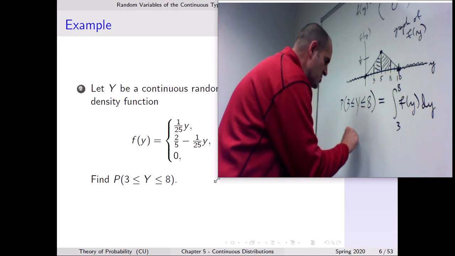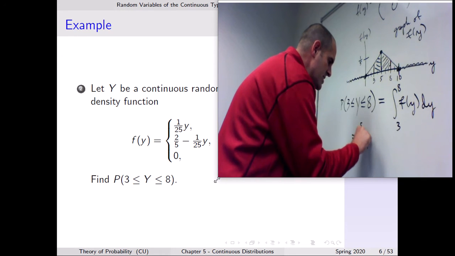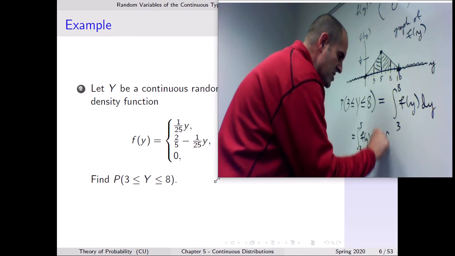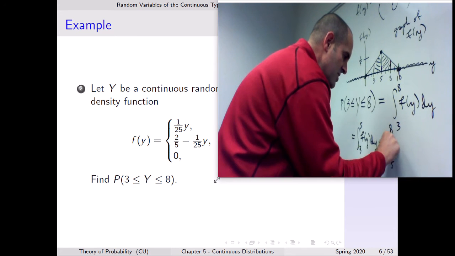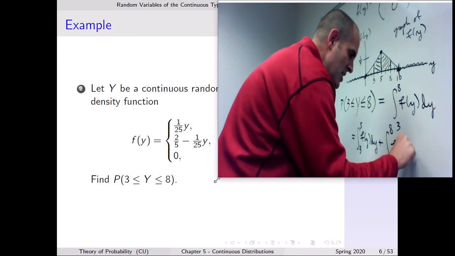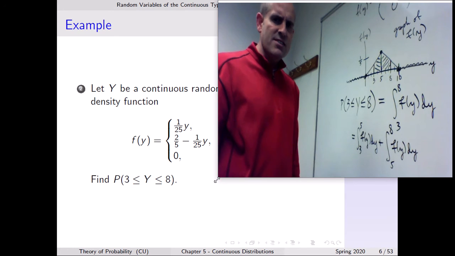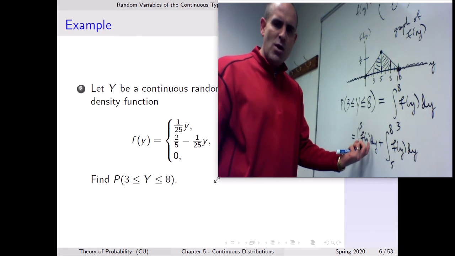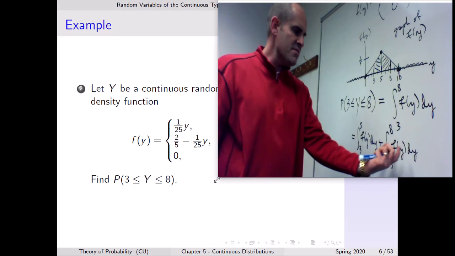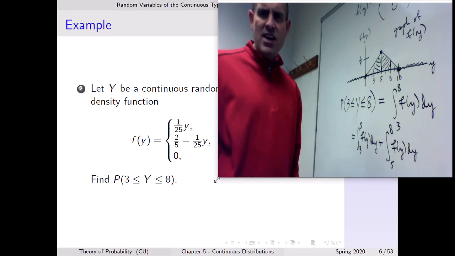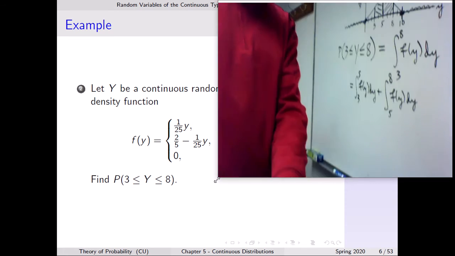This is equal to the integral from 3 to 5 of f of y dy plus the integral from 5 to 8 of f of y dy. And we actually know what the definition of f of y is on the interval from 3 to 5 and from 5 to 8. Slightly different, but we know how to do that.